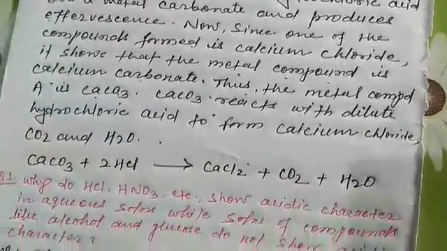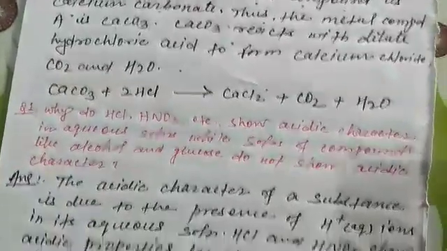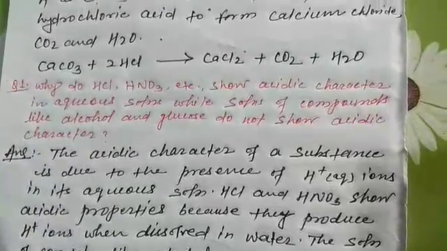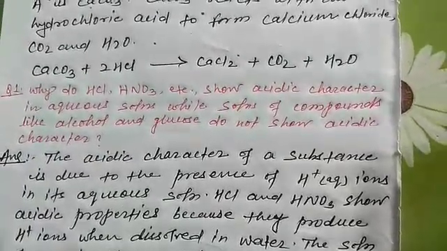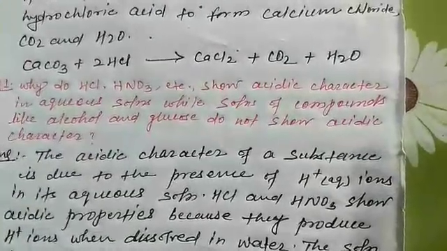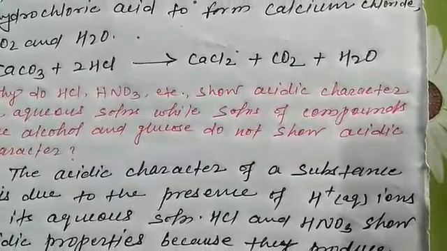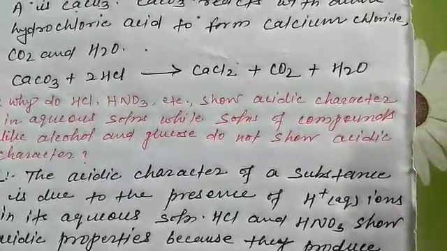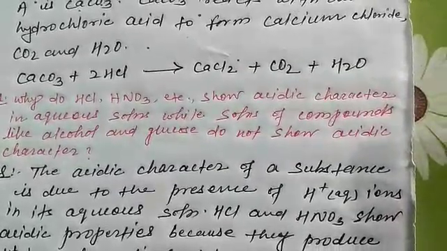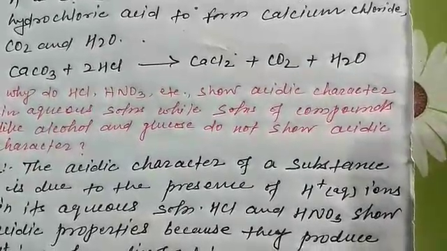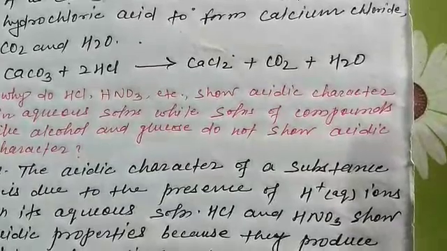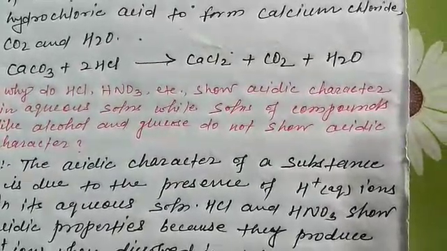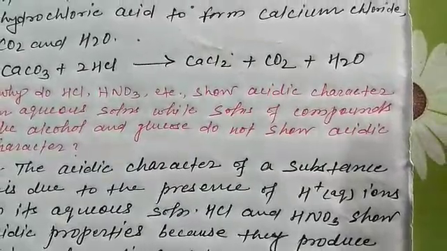Now next question is, why do hydrochloric acid, nitric acid, etc. show acidic character in aqueous solution while solutions of compounds like alcohol and glucose do not show acidic character?